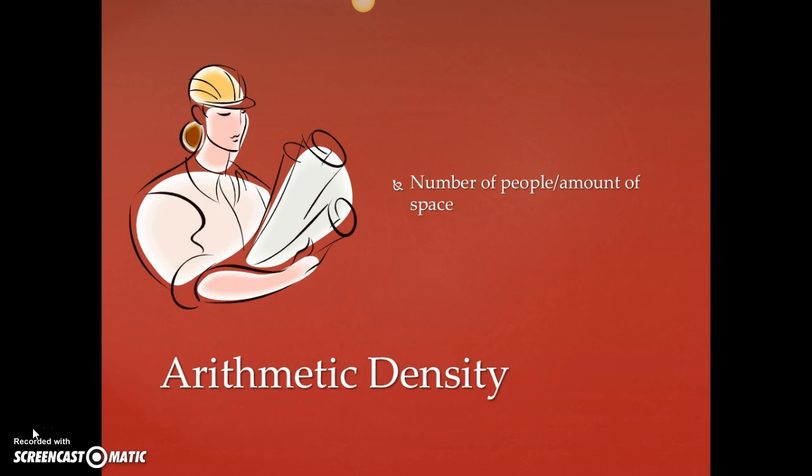And it can be very misleading because it's important to note that density is not the same thing as distribution. You can have areas that appear on the face of it to be not very dense at all, but then when you look at the distribution, everybody's living in a small area and nobody's living in other areas.